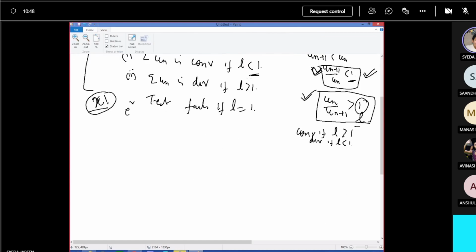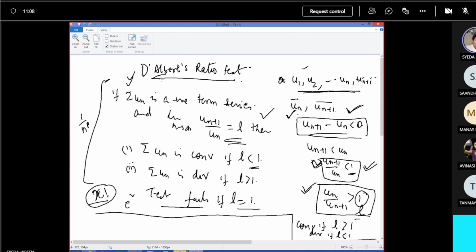Actually, due to some network issue, I didn't get to know what is the situation when L is equal to 1. Yeah, it is written: when L is equal to 1, the test will fail. Test will fail actually means you cannot apply the ratio test. You have to go for another test, which I will teach further. This D'Alembert's ratio test will not be applicable, so when this situation occurs, we have to switch to another test.